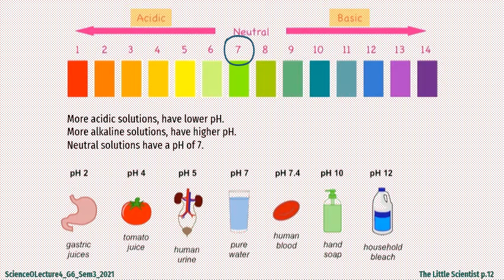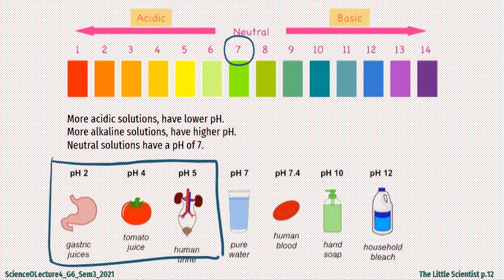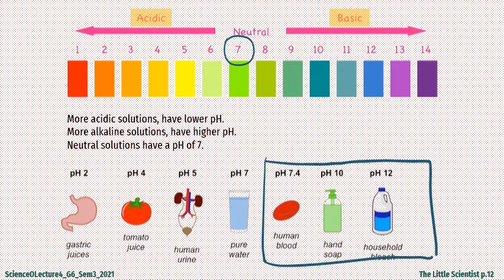Here are some examples of chemical compounds, acids, and bases. Gastric juices, tomato juice, and urine are considered acidic substances or solutions since they have a pH that is lower than 7. Human blood has a pH of 7.4.